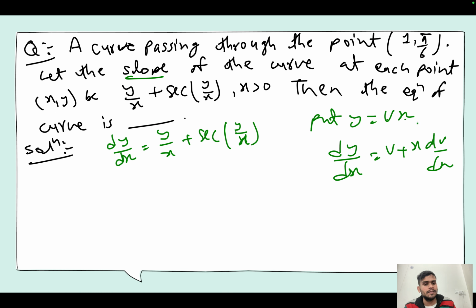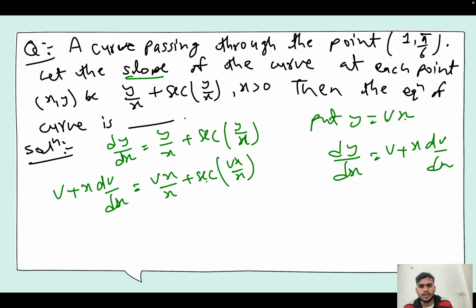So this will become v plus x dv by dx is equal to vx by x plus sec vx by x.